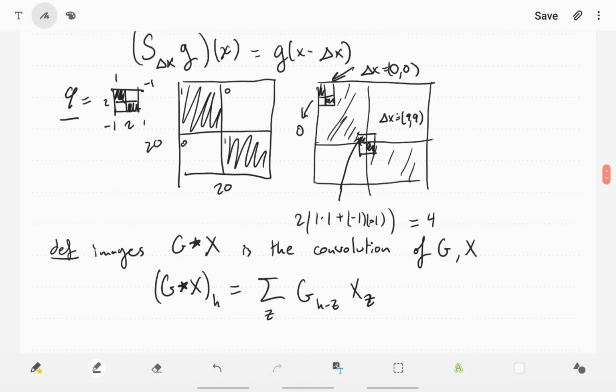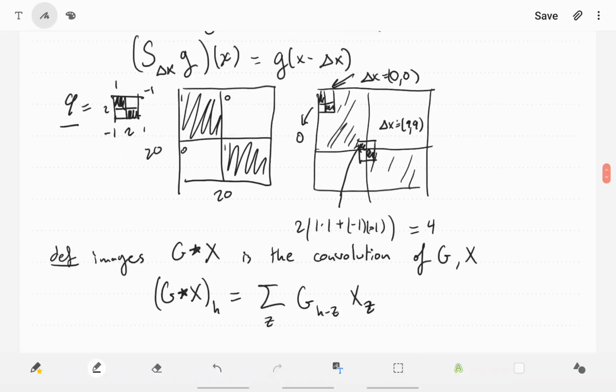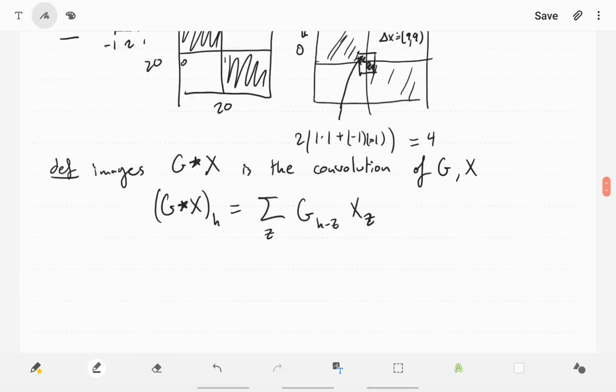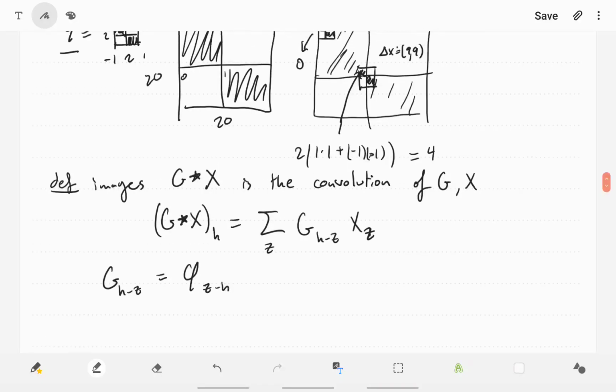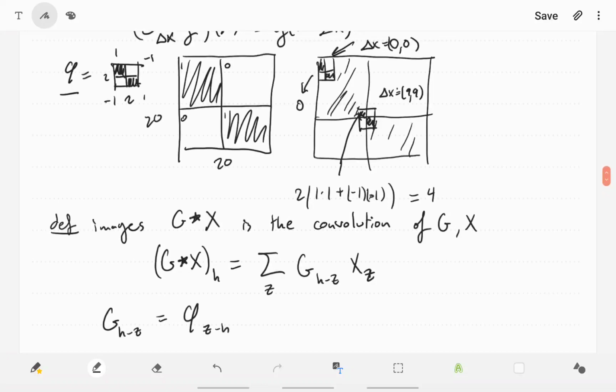And here you should think of G of H minus Z as being equal to phi of Z minus H. So I've sort of reversed the role of the indices, and this is the actual definition of convolution.